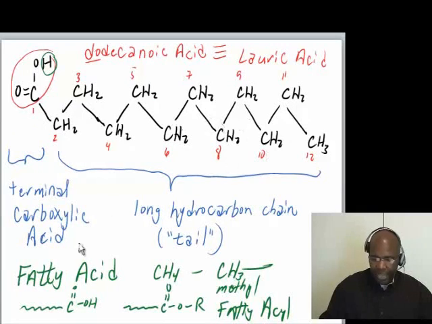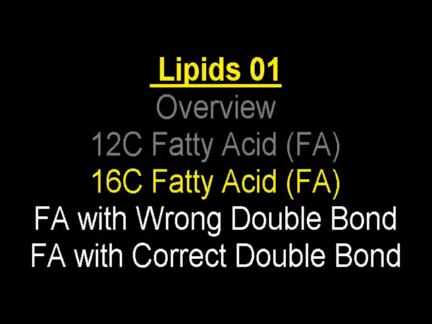So this is a fatty acid, and the functional group of a fatty acid, which attaches to something else, is called an acyl group. So we could call this group here a lauryl group, or a dodecanoyl group specifically, but we'll just call it an acyl group. And here we have our first fatty acid, lauric acid. Hope you understand it.